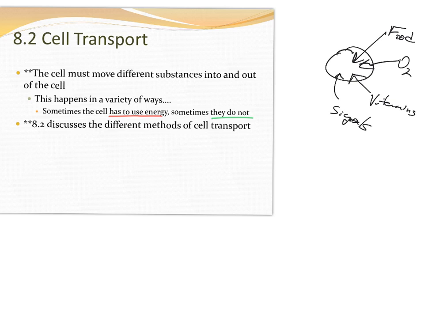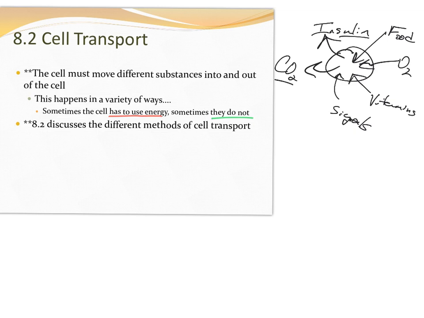And so in order to get things in, of course, stuff is going to have to leave too, isn't it? The stuff that it's producing, if it's a pancreatic cell, it's producing insulin, right? So insulin has to get out of the cell somehow so that it can go into the blood. And of course, it has to get rid of carbon dioxide if it's an animal cell, oxygen if it's a plant cell.